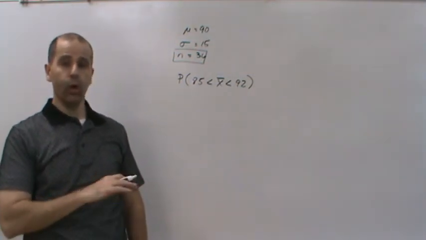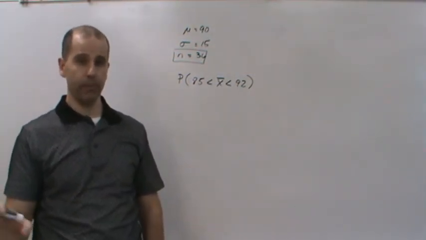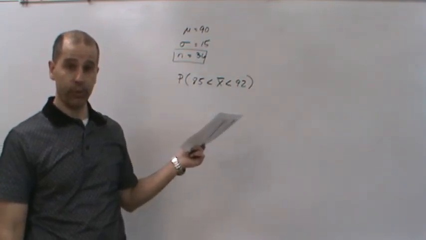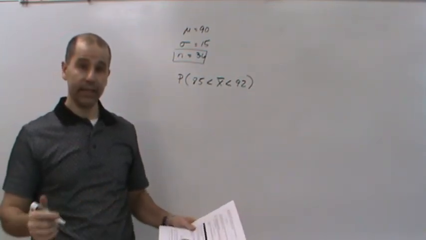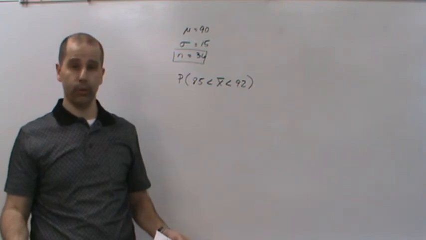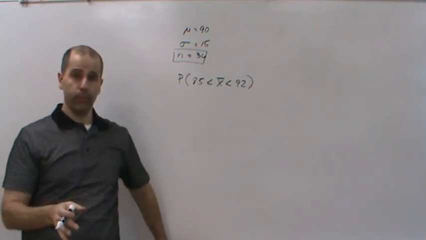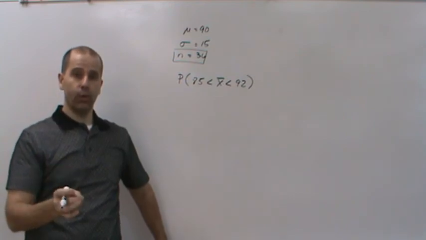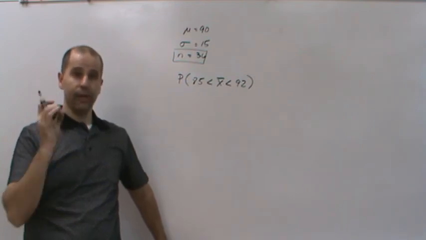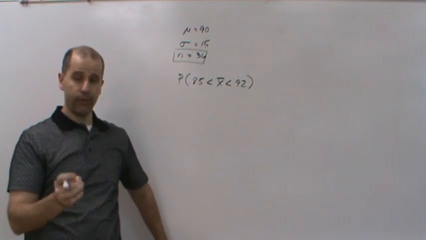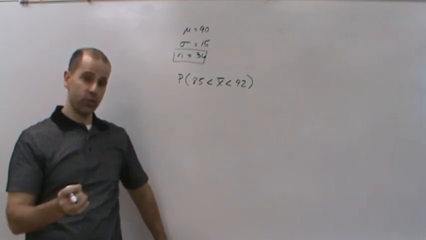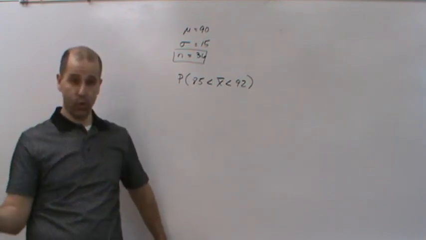So here, we don't know anything about the population. If we knew the population was normal, then automatically we can assume that x bar is normal. Here's the thing. If the population is normal, we automatically know that the distribution of x bar is normal. In fact, when the population is normal, it seems like everything turns out to be normal.